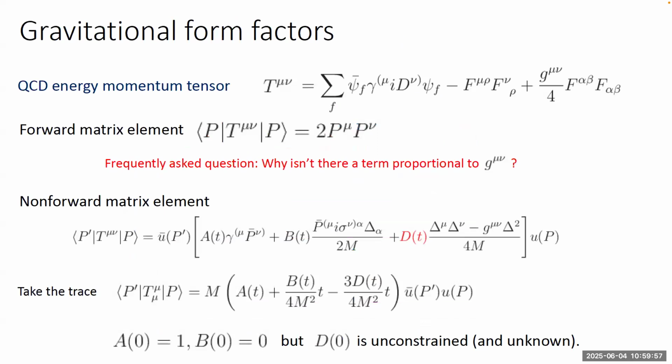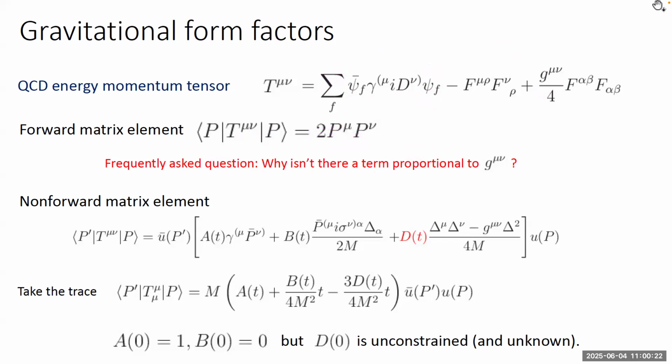Now I move on to the gravitational form factor, which I already showed you a bit of yesterday. Here, this is the Belinfante improved symmetric energy momentum tensor, which consists of the quark part and gluon part. If you take the forward matrix element, it just gives you 2 times P mu P nu.